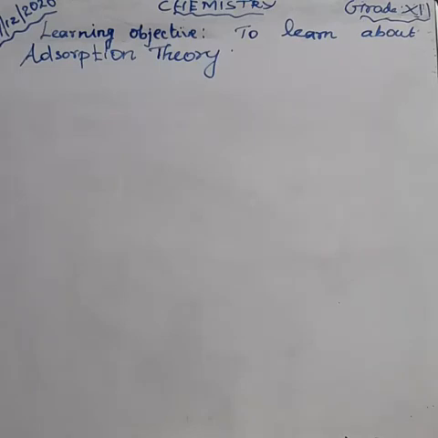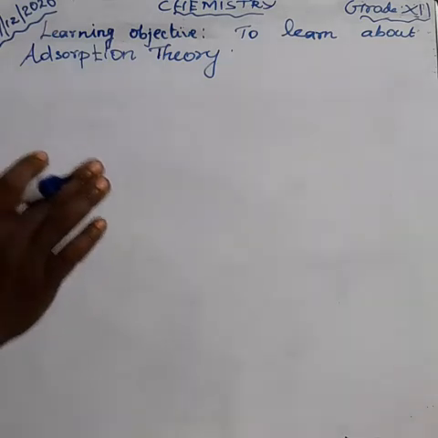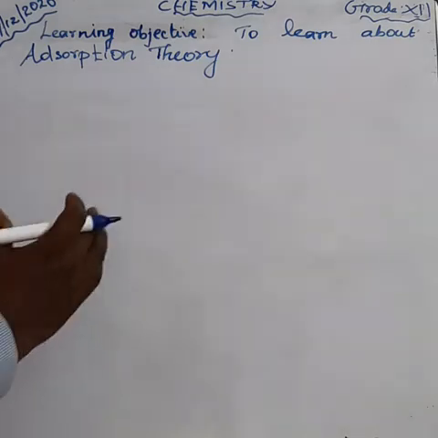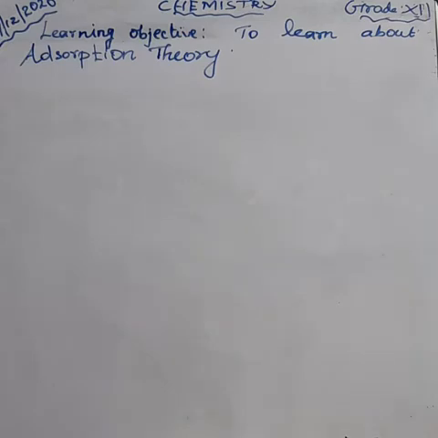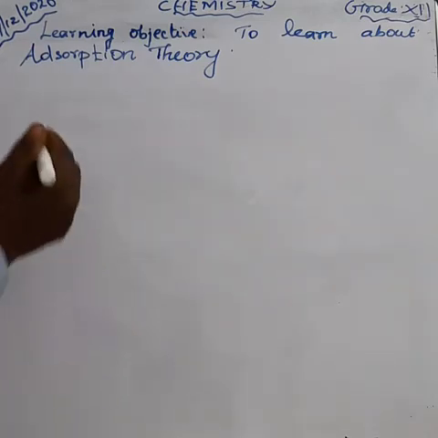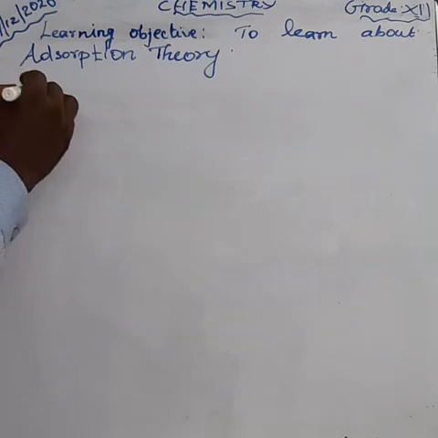This is the concept. What's the question? The reactants are adsorbed on the surface of the catalyst to form an activated complex, which undergoes decomposition and gives the product. Anyhow, I think the adsorption theory has 4 or 5 points.